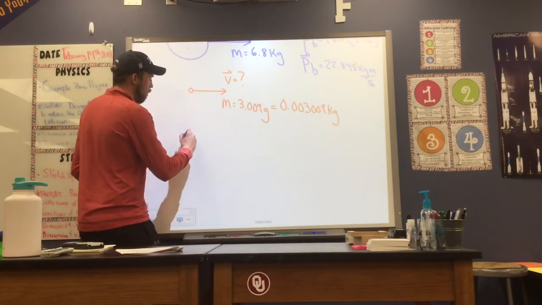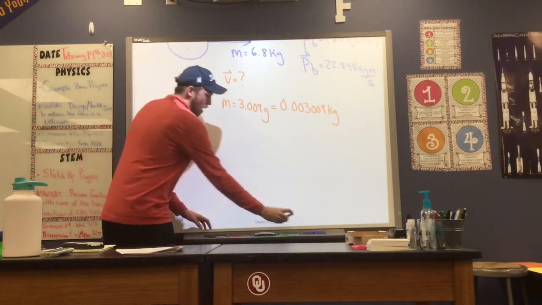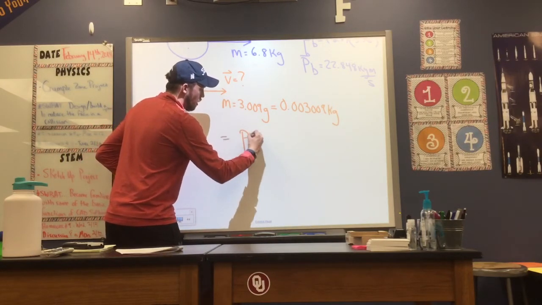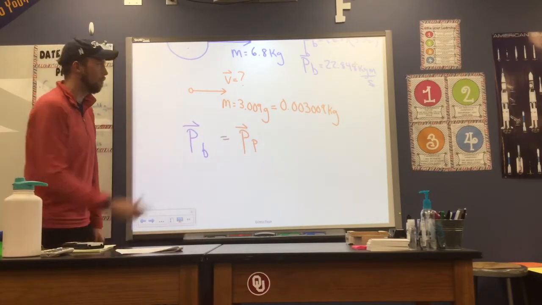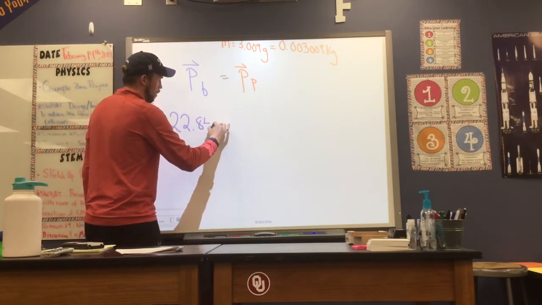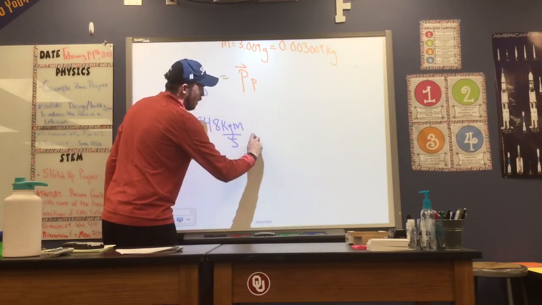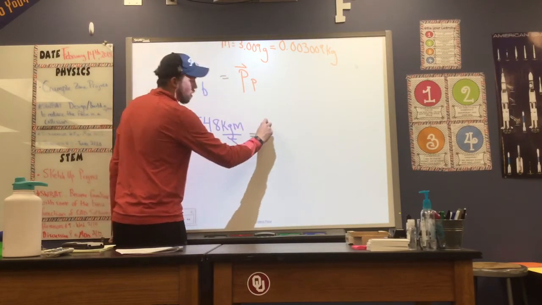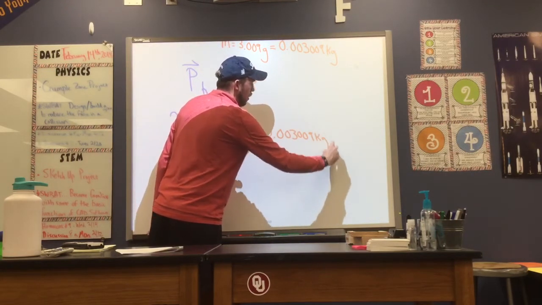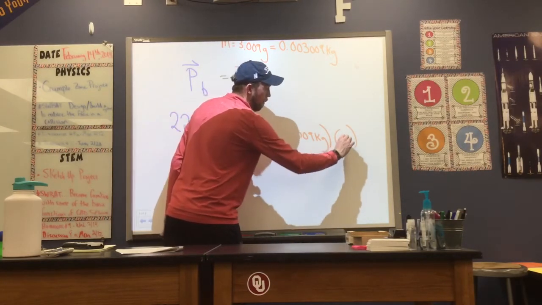We'll take the momentum of the bowling ball, P sub B, and set that equal to the momentum of the ping pong ball, which we'll call P sub P. So 22.848 kilogram meters per second is equal to our momentum equation: mass, which we know, 0.003009 kilograms, times some velocity that we don't know.